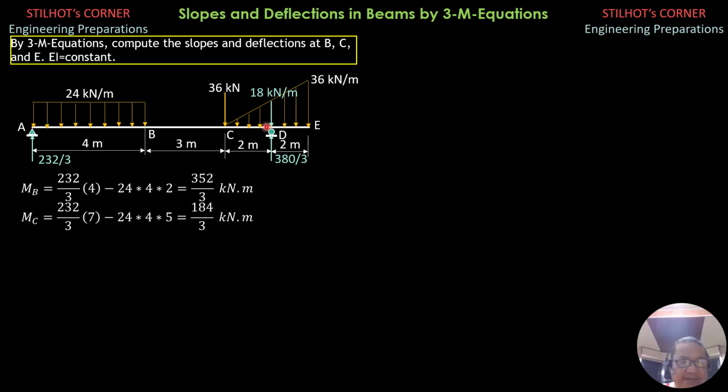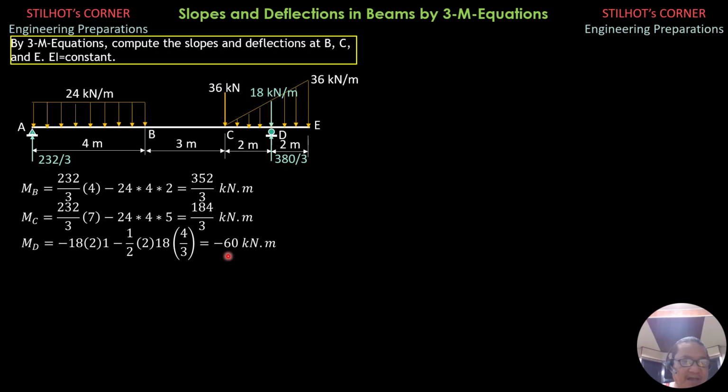So the moment at D is negative 18 times 2 times 1, and minus 1 half of 2 times 18. Moment arm is 4 thirds. 2 thirds of 2 is 4 thirds. So negative 18 times 2 times 1 minus 1 half of 2 times 18 times 4 thirds. So it is negative 60 kilonewton meters.